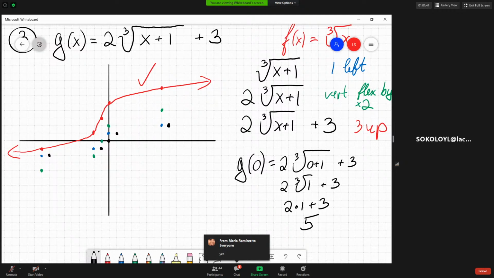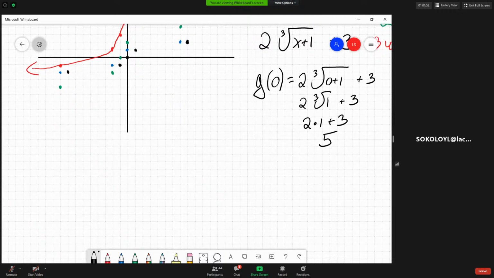No. All right, then let's give you a problem with a vertical flex, with a horizontal flex as well. Let's make something up. Let me see if the book has something interesting that I want to use. They don't have too many of vertical flex, so we'll just make something up.